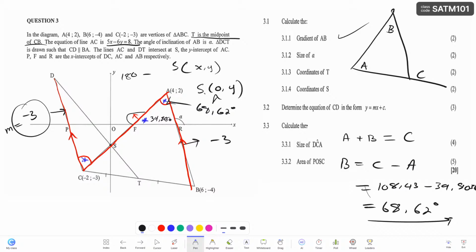So okay, now they said calculate the area of POSC. Okay, let me remove this. So that one is 5 marks. In order to calculate, is this shape.